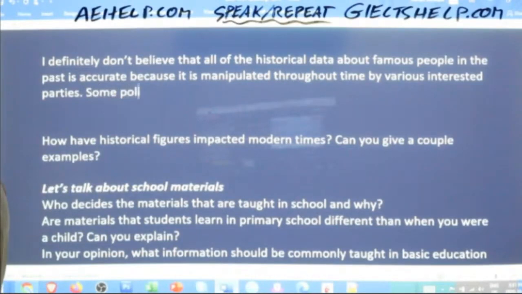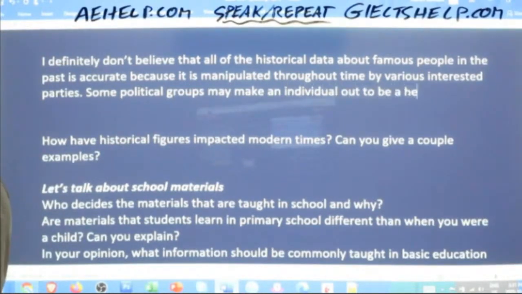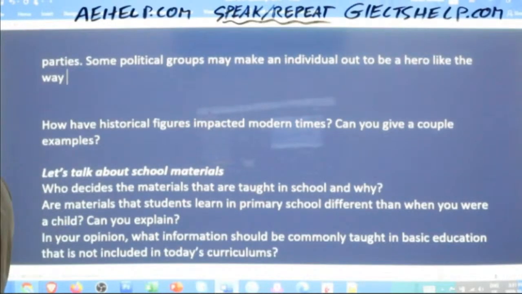Some political groups may make an individual out to be a hero, like the way the Soviets idealized Stalin.